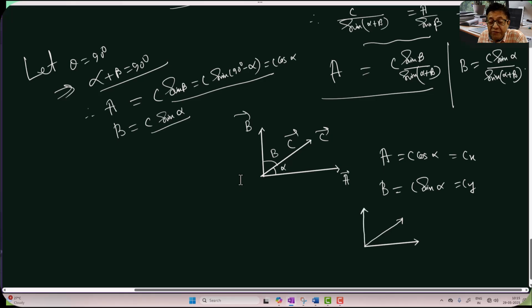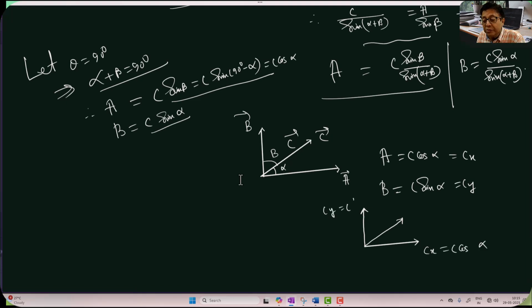It has a vertical component. What is the horizontal component? That is Cx equal to C cos alpha, C sin beta. This is the vector C.